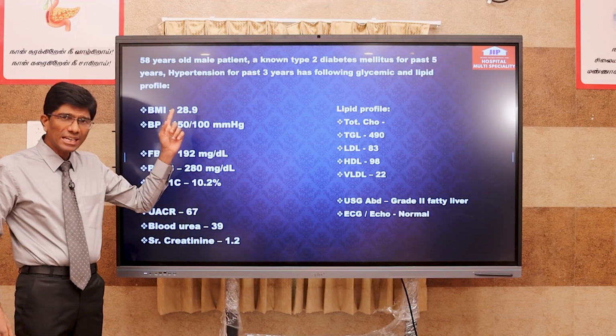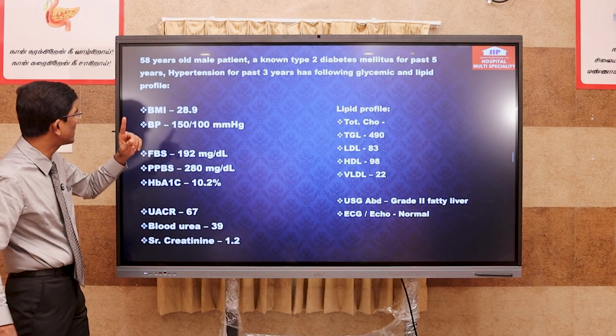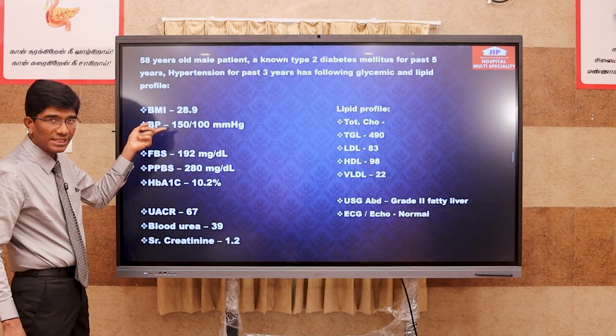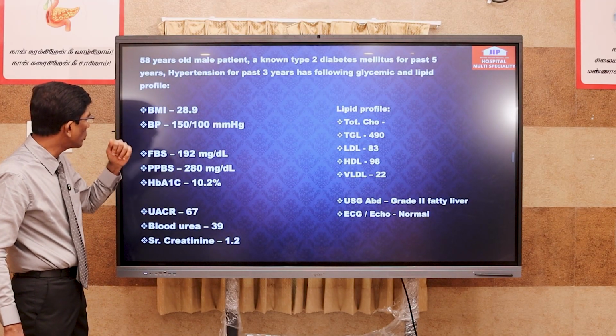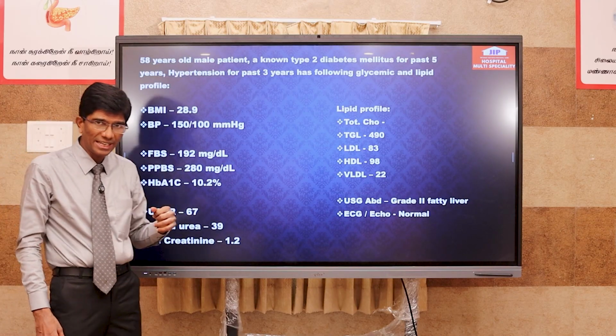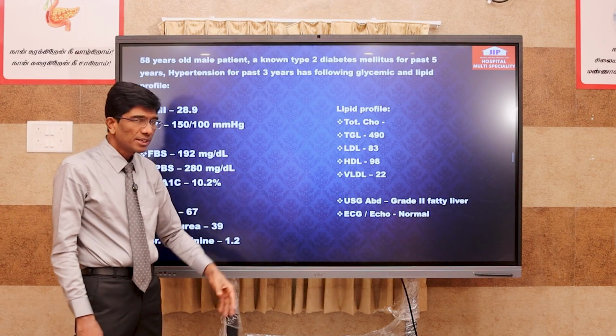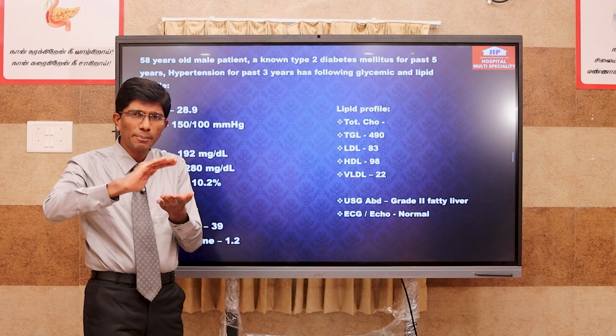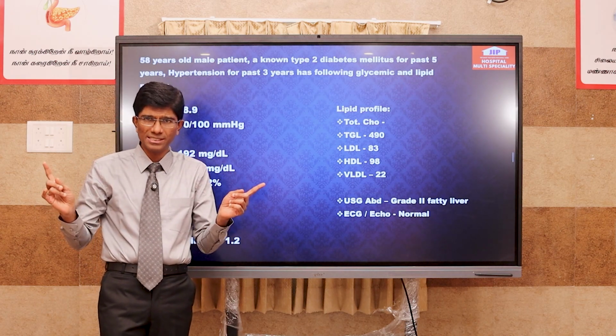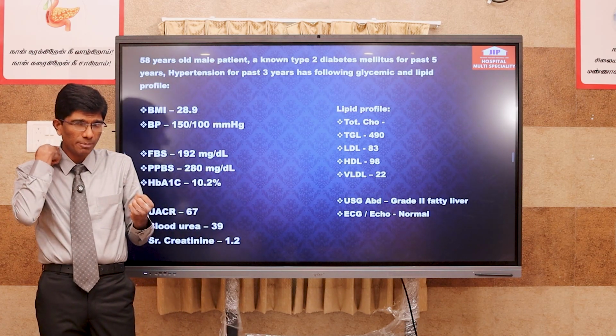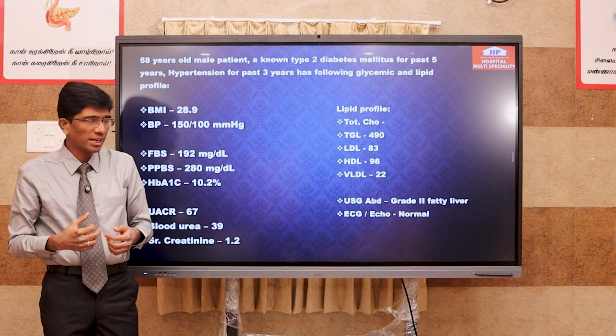Even when escalating glimepiride in this patient, considering weight, he is already obese as per our Indian guidelines. So I don't want to make him more obese. So you can retain glimepiride at the same 1 milligram on both sides, because on removal of glimepiride, sometimes there is a sudden surge in sugar level.